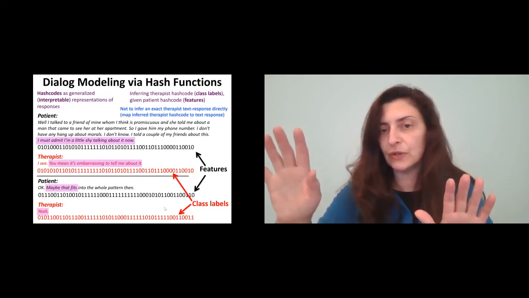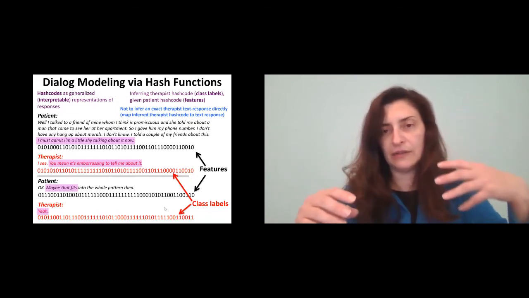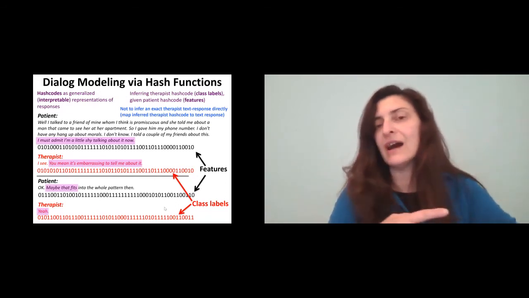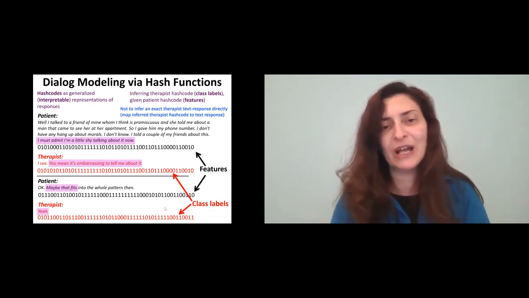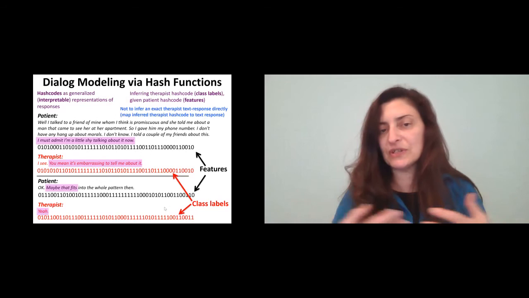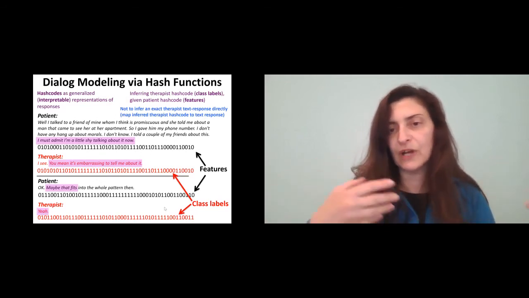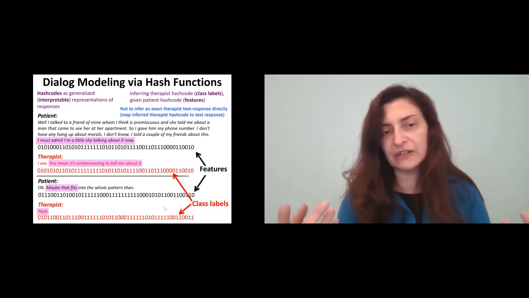Okay, so without, again, going into too much detail, I just want to give you the gist of the approach. Once you encode your patient and therapist, or any other two participants of dialogue, sentences into these binary hash codes, you can view the first one as essentially a feature vector, while the second one as a label.